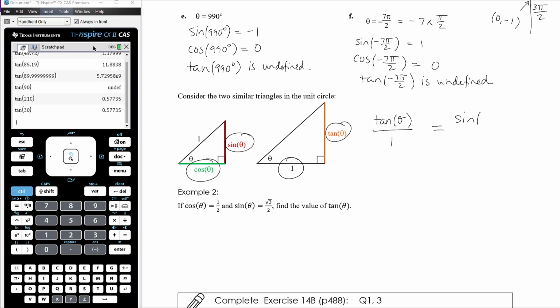You can create some other version of that same ratio, but essentially dividing corresponding side lengths will be equal because we have similar triangles. So the side lengths are all in the same proportion. And so what we get from here is a relationship between sine, cos and tan. So tan of theta is equal to sine of theta over cos of theta.